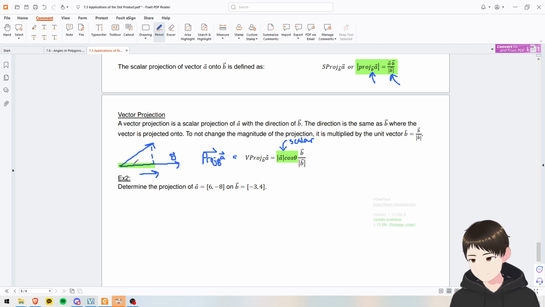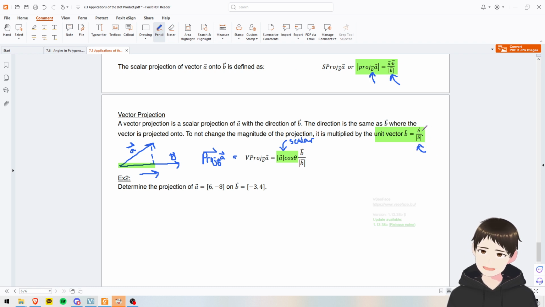In other words, the vector projection is the scalar projection of A multiplied by the unit vector in the direction of B. And recall, this is the way we calculate the unit vector. It is the vector B divided by the magnitude.